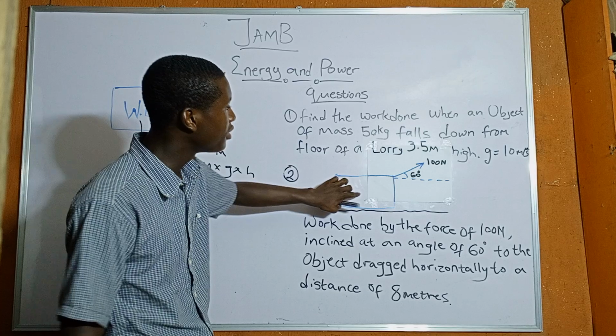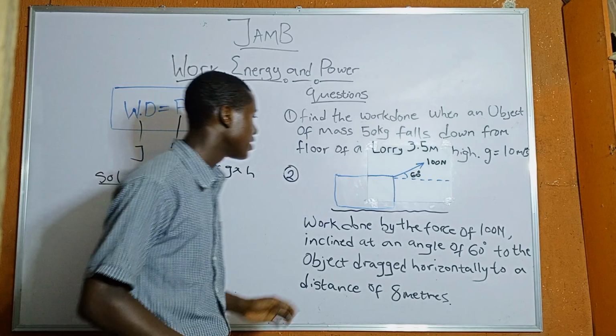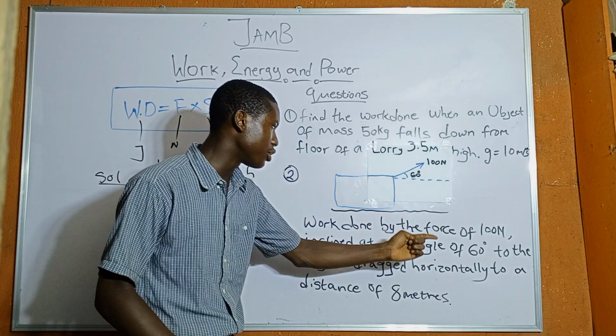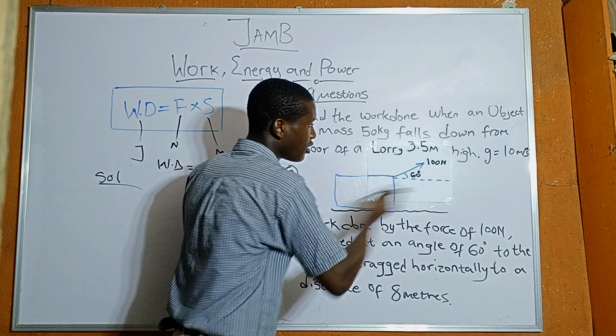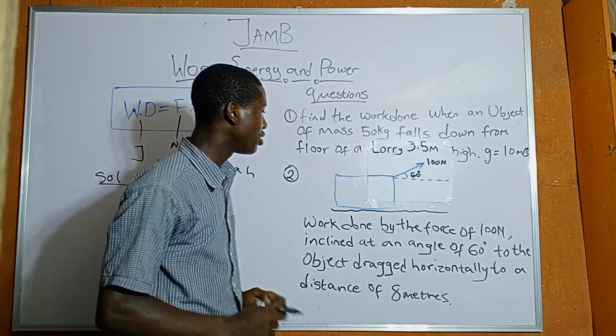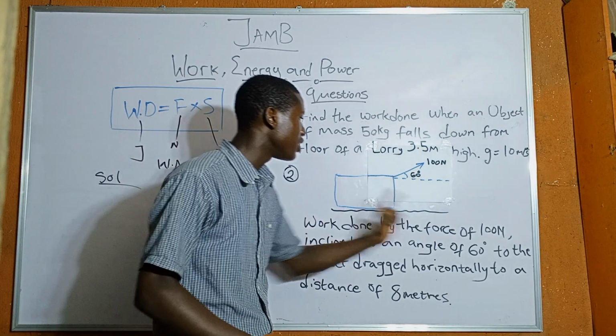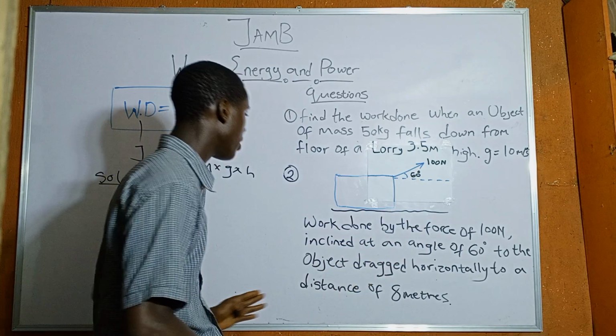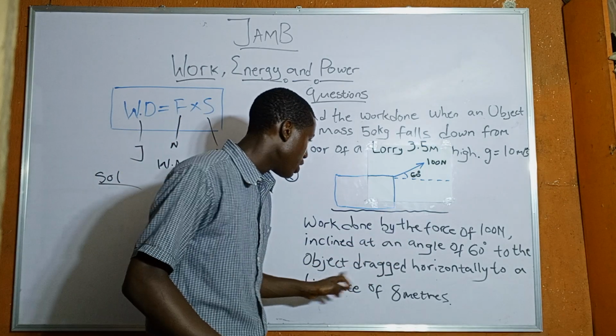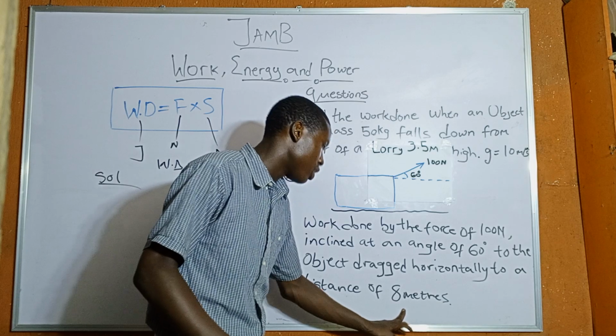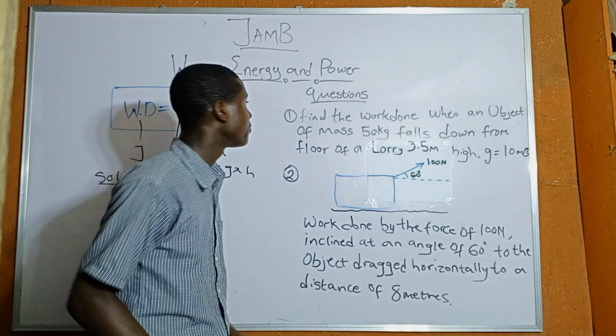So here we have the diagram, and it says find the work done by the force of 100 newtons. This is the force of 100 newtons inclined at an angle of 60 degrees to the horizontal. And the distance it was dragged was 8 meters.